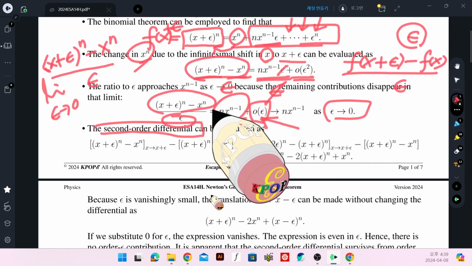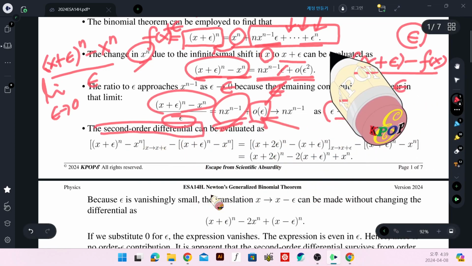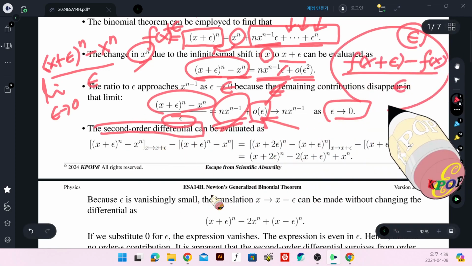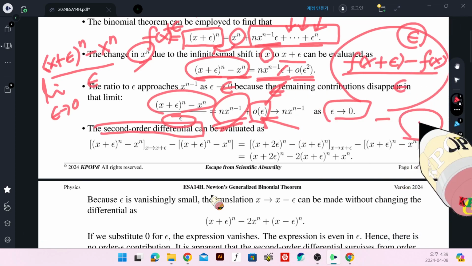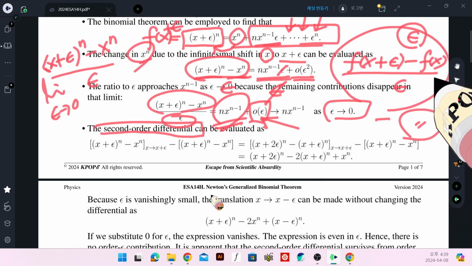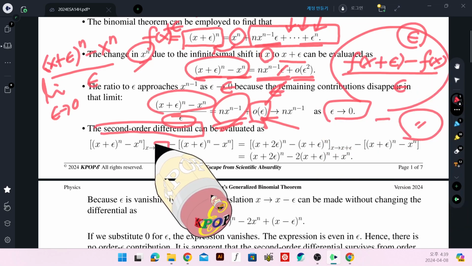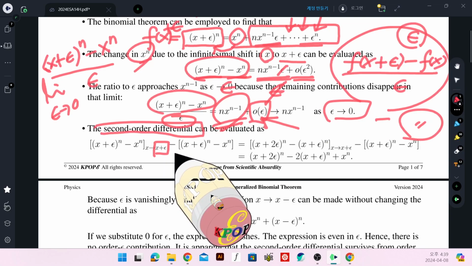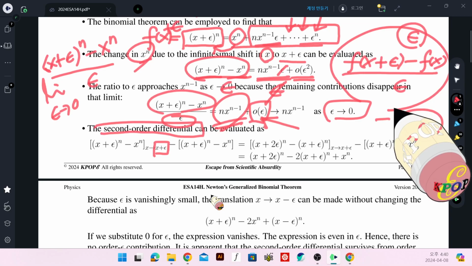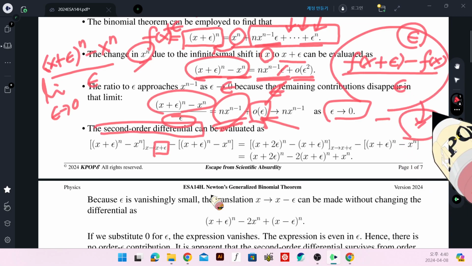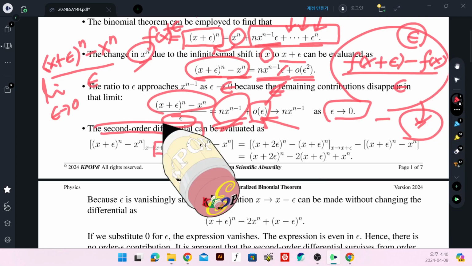Now, we'd like to shift this whole object by epsilon and then subtract this one. So, substitute x plus epsilon for the x in here and subtract the identical contribution. Then we find the second order differential as the numerator of the second order derivative.